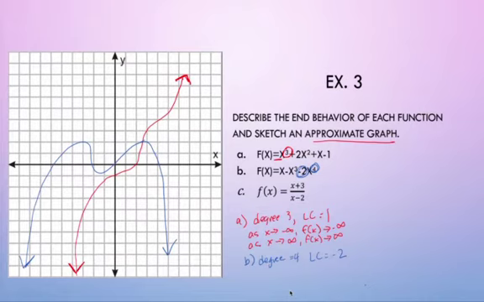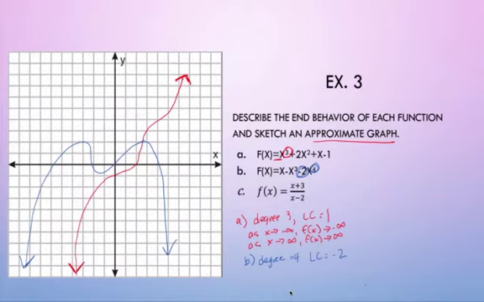Here, for C, this is not a polynomial. This is a rational function. And we will talk about the rules for rational functions in the video for 3.7.